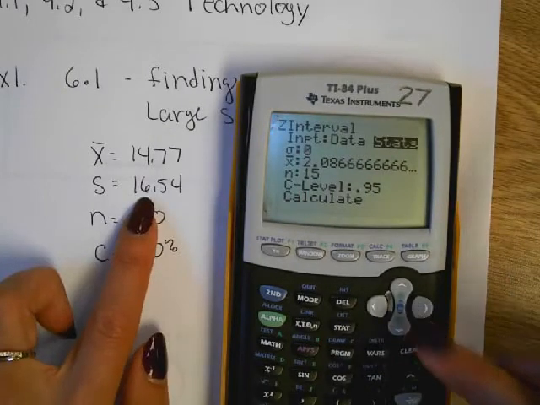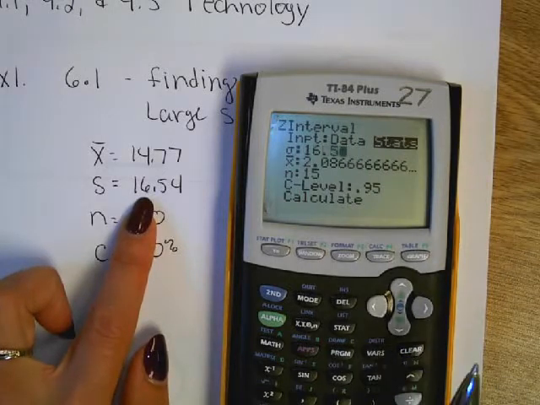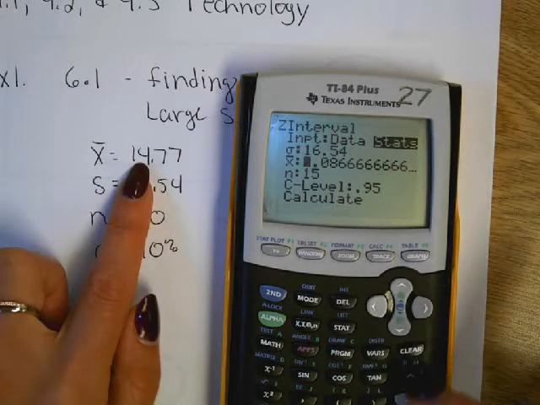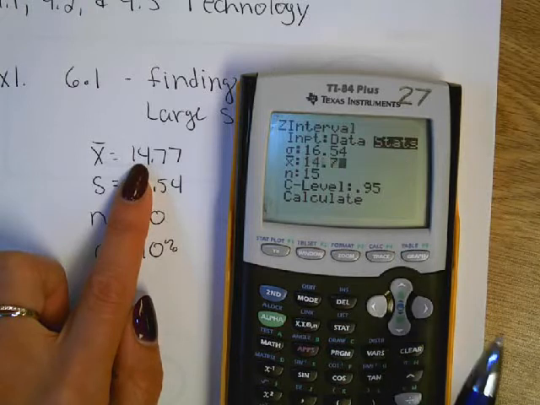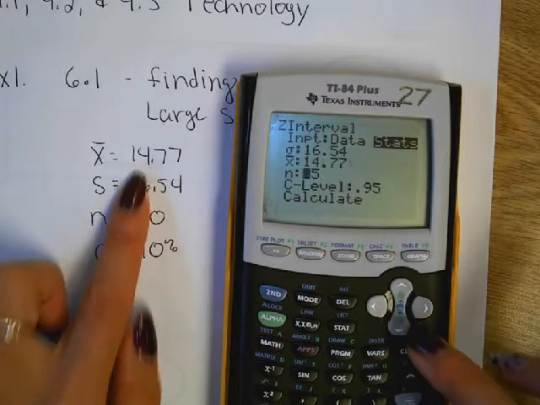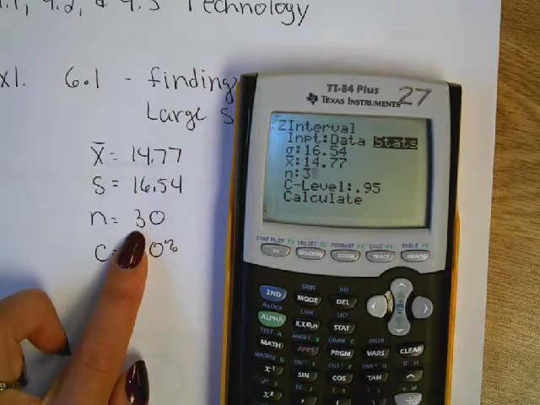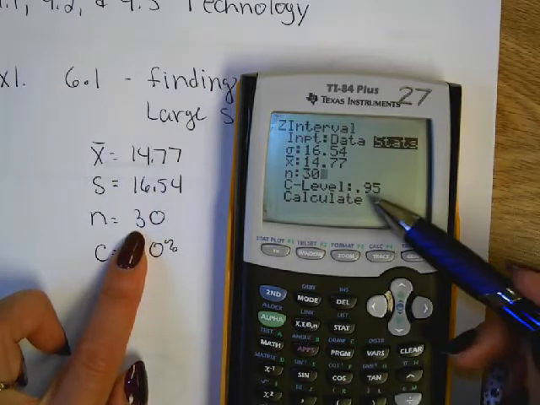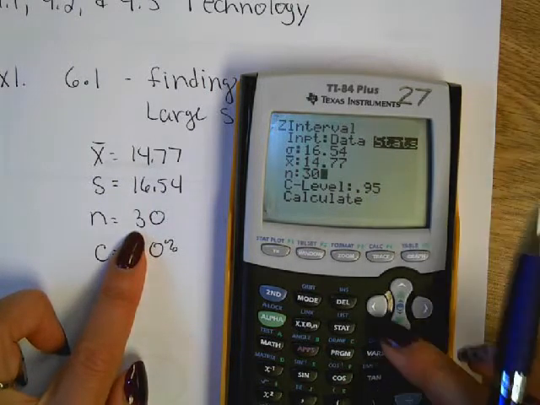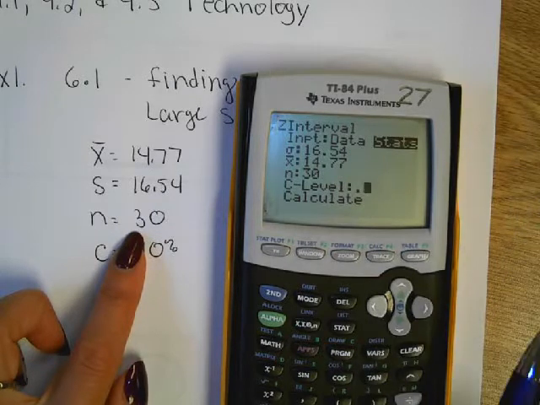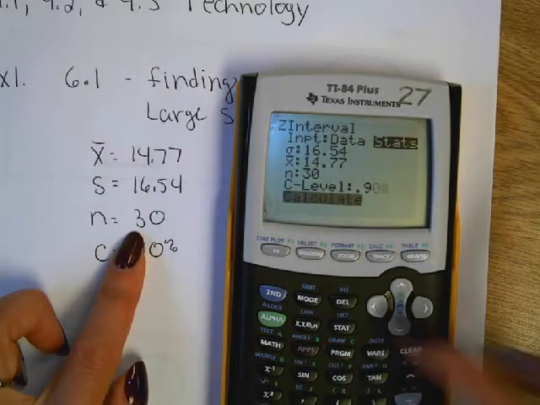And our S value was 16.54. The sample mean was 14.77. N was 30. Our confidence level does go in as a decimal, and we were doing 90%, so 0.90 or 0.9.